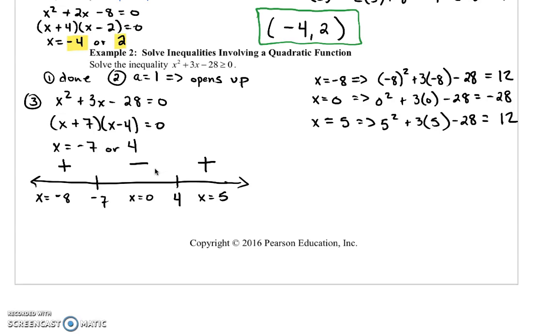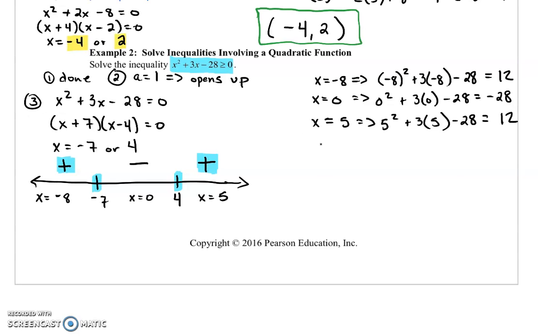So what did this ask us for? It asked us for where the expression with the variables is greater than or equal to 0. So that means we need positive, or where it equals 0, which is at our x-intercepts, our solution to step 3.